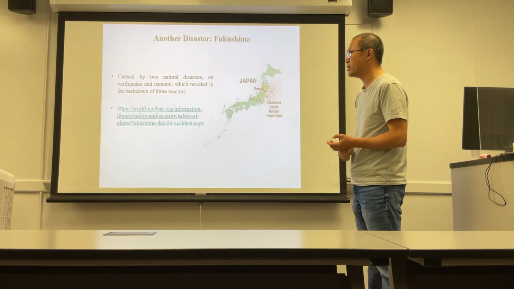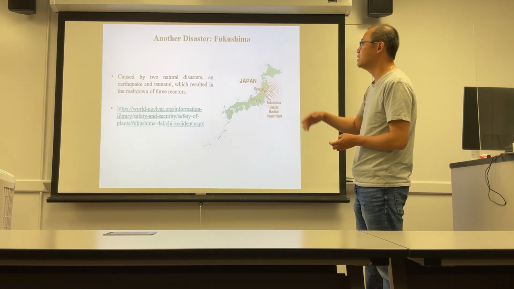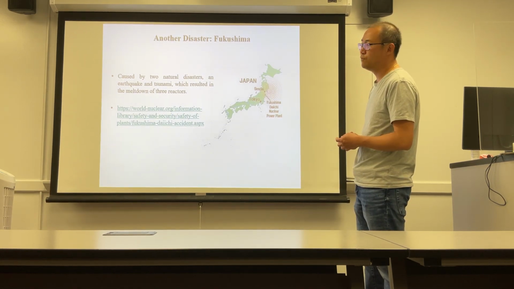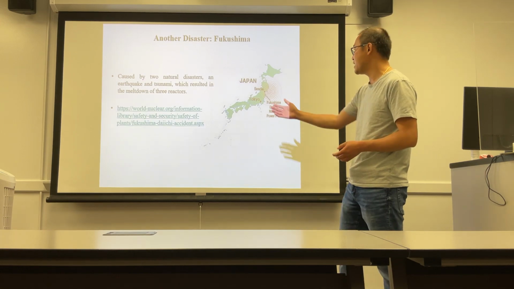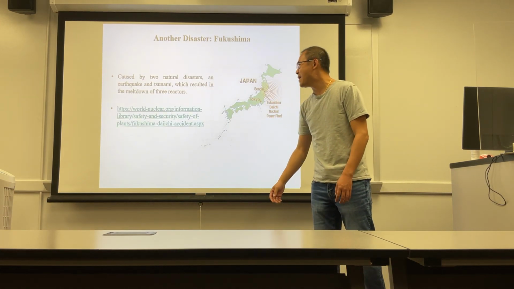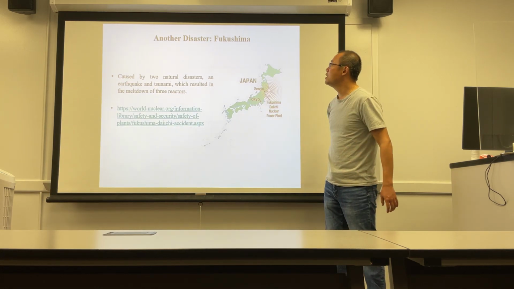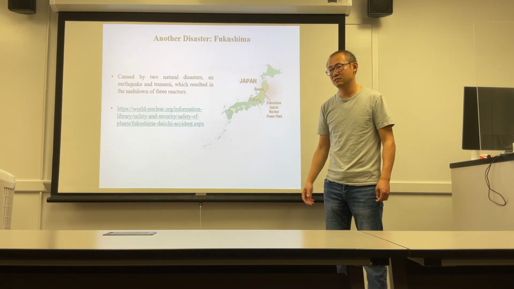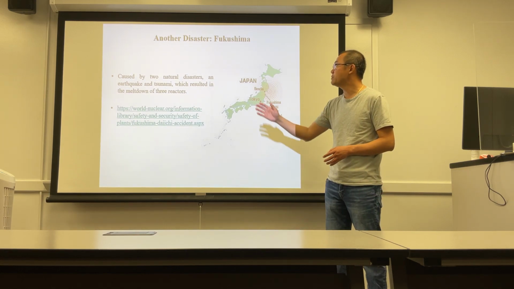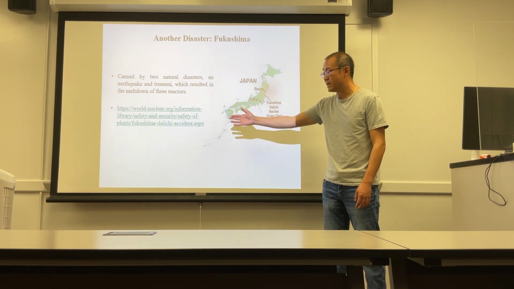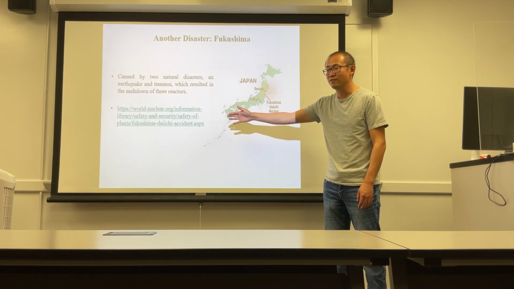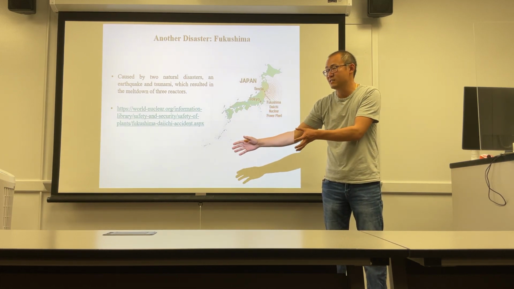disasters, a tsunami and earthquakes. It also caused the meltdown of three reactors. You can read more about the impact; nowadays they keep checking the impact of this. It was 2011, yes. It's very recent. Okay, the Fukushima incident, and you have a link that they keep updating. For example, the most impact for the United States is what?